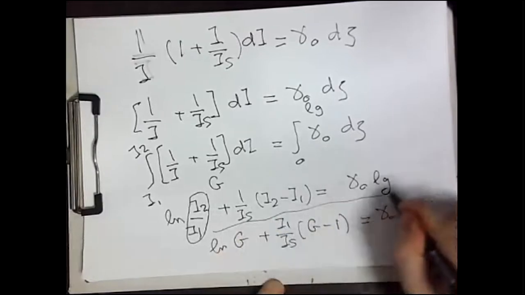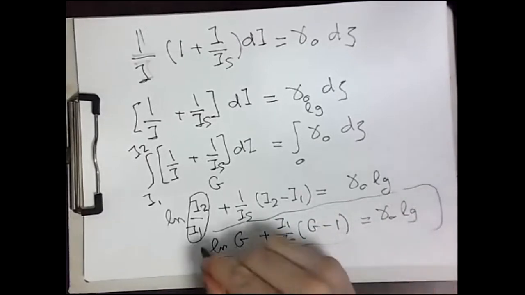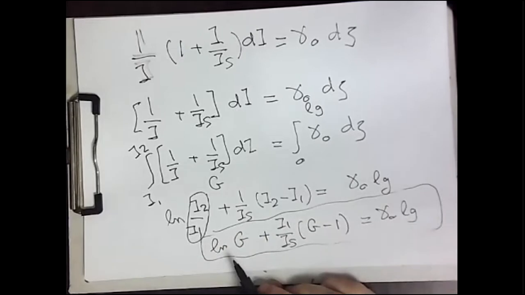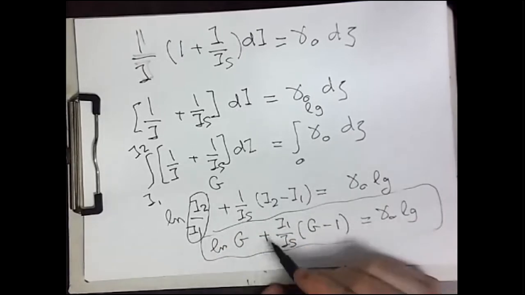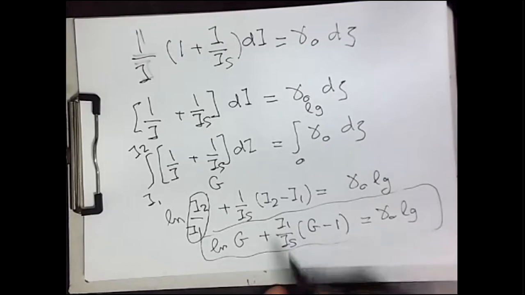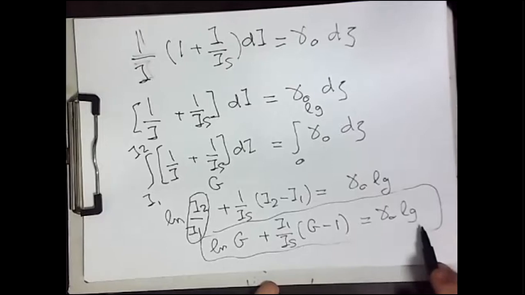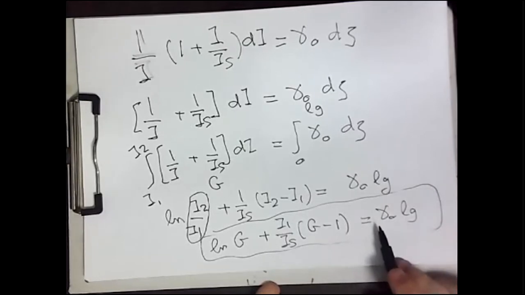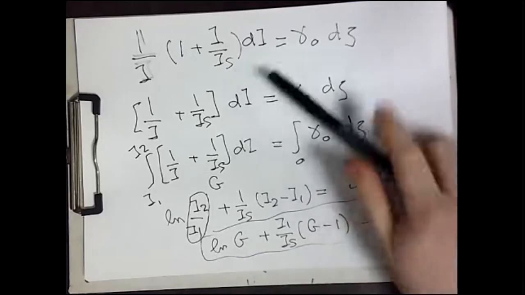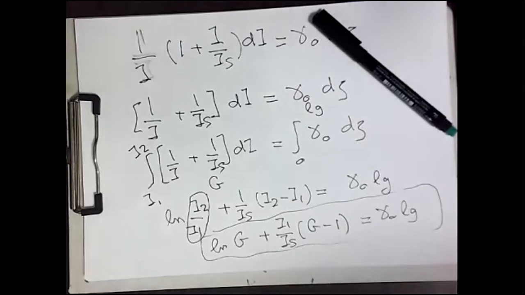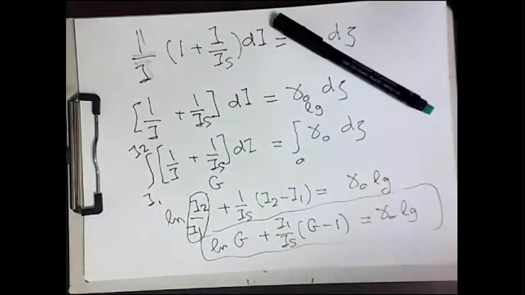And this equation links the gain coefficient, the gain I2 over I1, the input intensity I1, the saturation intensity Is, and the length of the material Lg, and the initial gain coefficient gamma0. So you can use this equation directly to link these parameters together. This is just a linking equation to link parameters together.